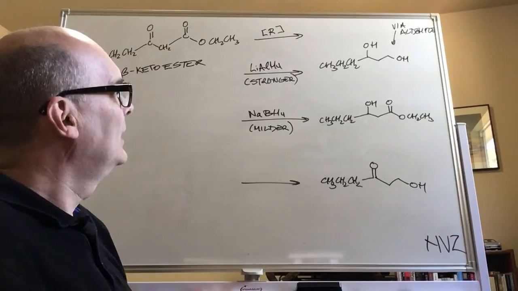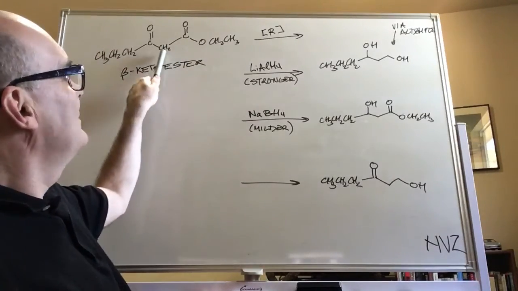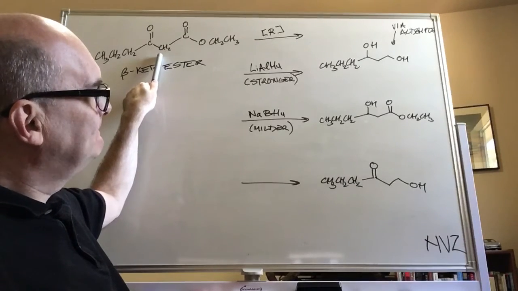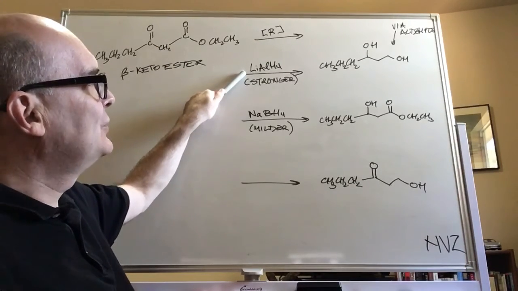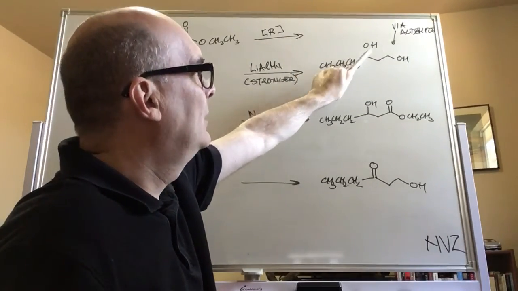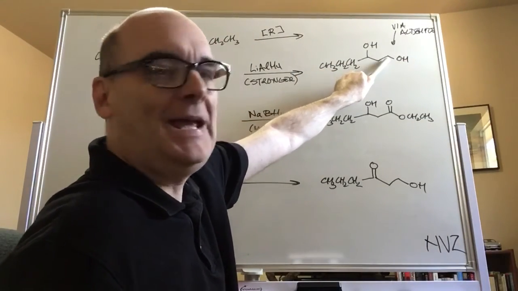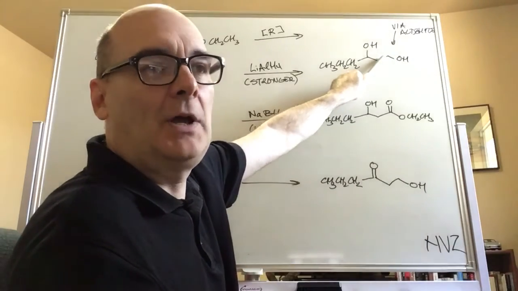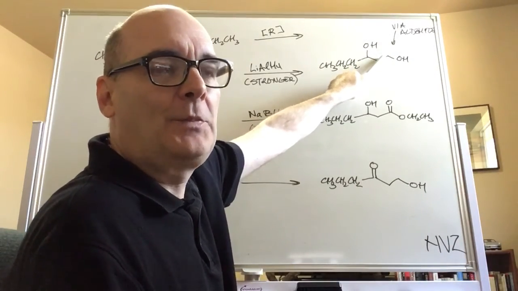And if I attempt a reduction with a strong reducing agent, then I reduce the ketone to a secondary alcohol, and I reduce the ester through an aldehyde, which we never collect, down to a primary alcohol.